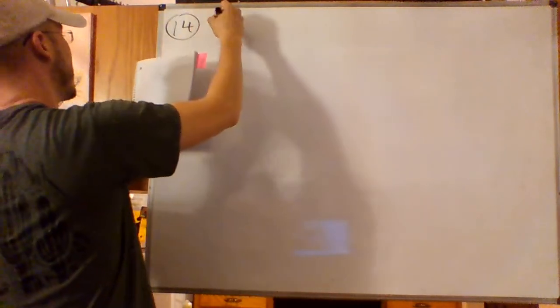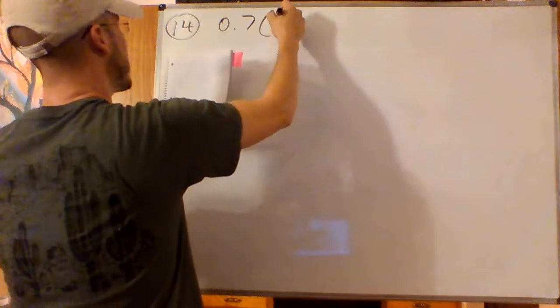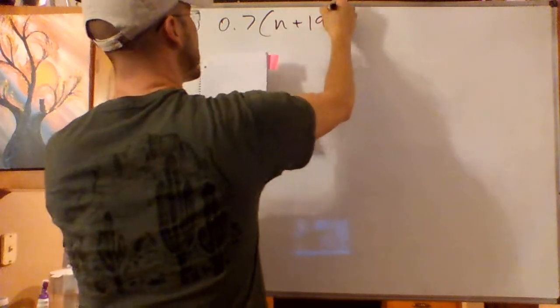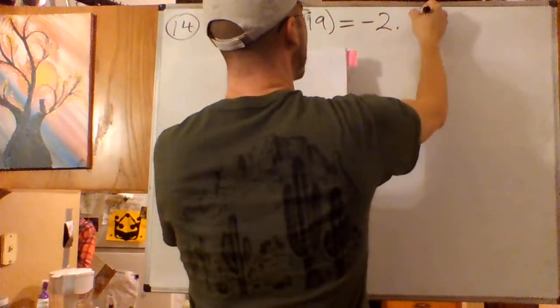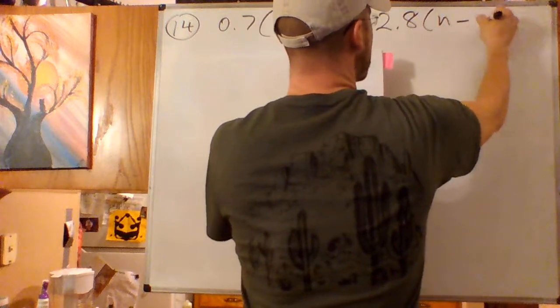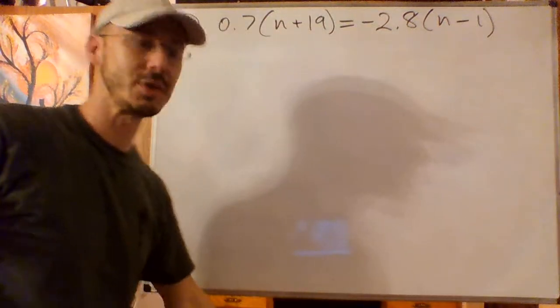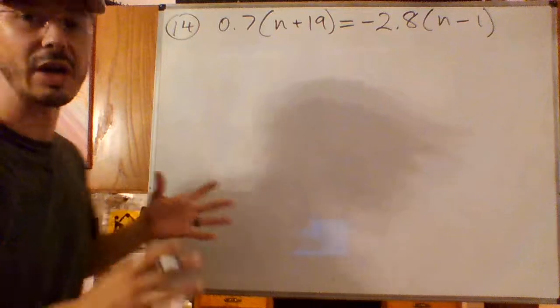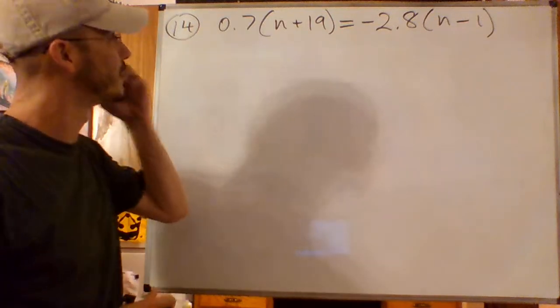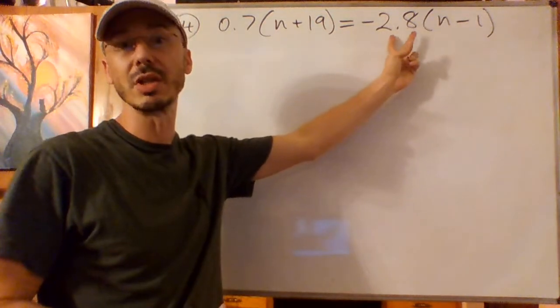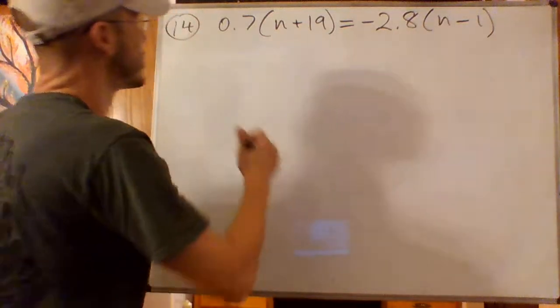For number 14, I have 0.7 times (n plus 19) equals negative 2.8 times (n minus 1), another equation that involves decimals. So have your calculator handy there. I mean, that one anyway is really a 2-digit number. But let's see what we have to do with them.